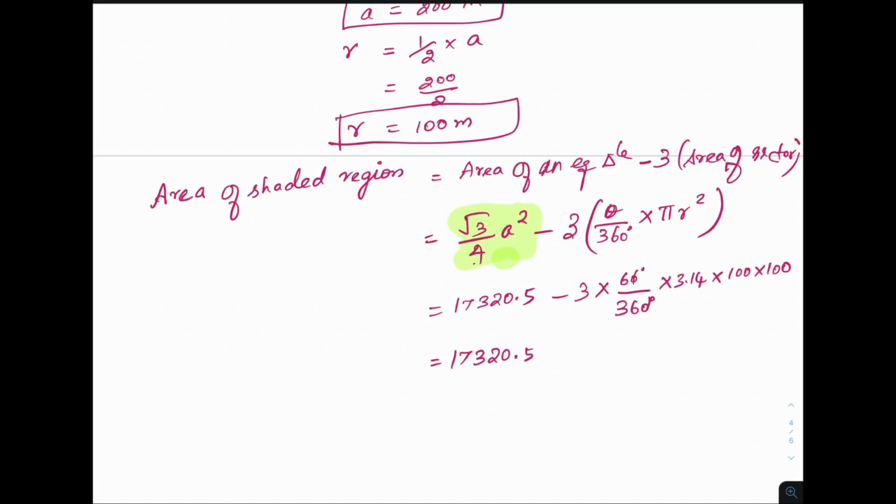17,320.5. The zeros get cancelled. This is 1 time and this is 6 times. This is 1 time and 2 times. So this will be 1.52. So we should multiply. All these get cancelled. So 1.52 into 100 into 100. So here we have 2 decimal places, 100.